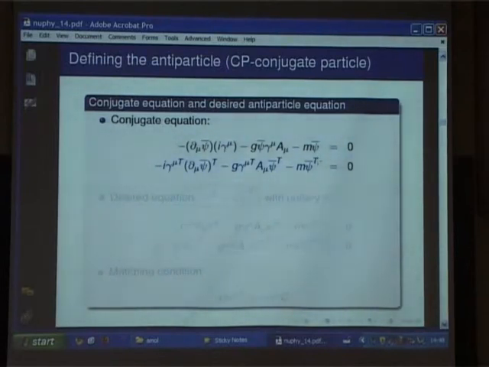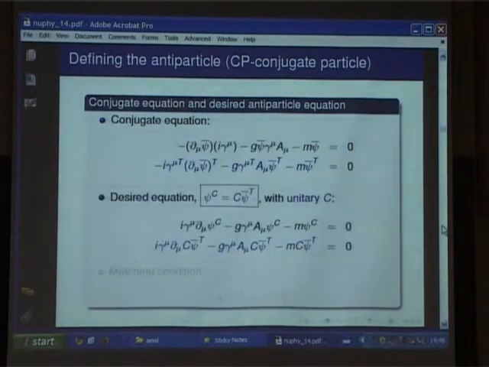Let me just take another basis. So what I do is this psi bar transpose, I act on it by a unitary matrix, which I call C, and I call this object psi C. Right now psi C has no meaning. I haven't given any meaning. I just said this is psi bar transpose, and then I define something called psi C, which looks like this.